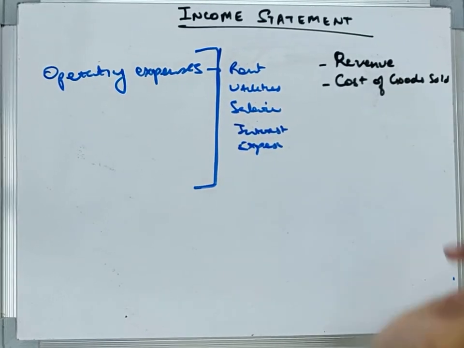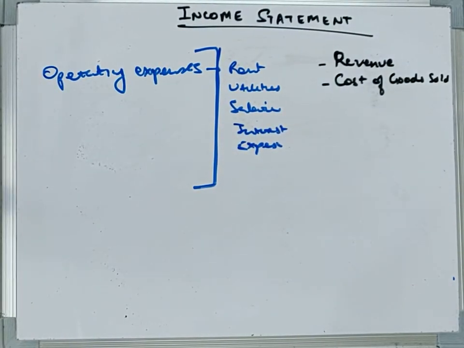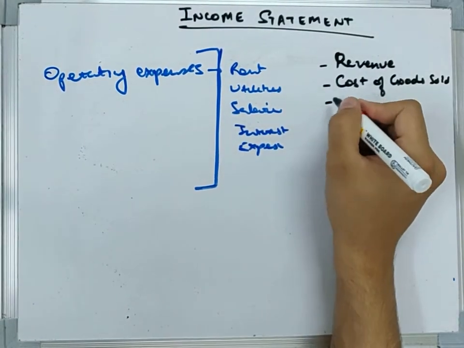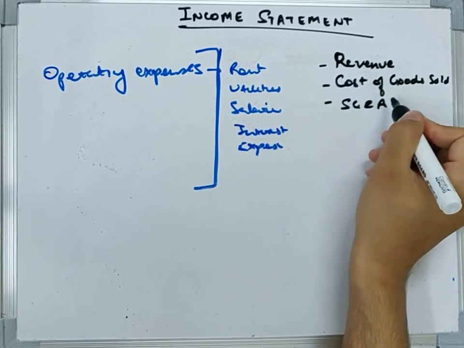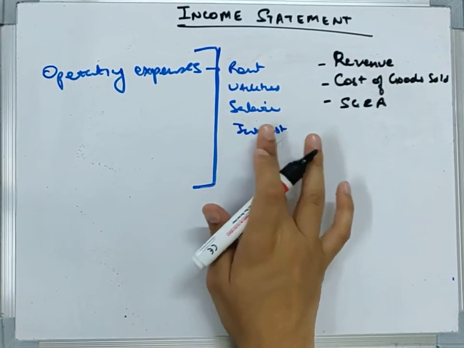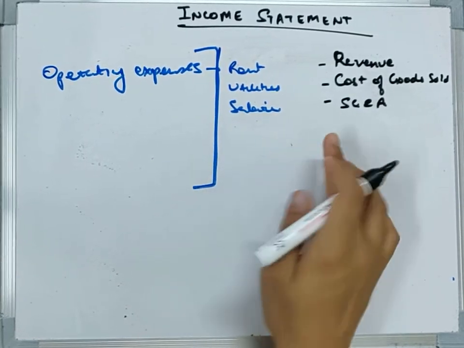Therefore the third line is your operating expenses, or we can put SG&A, selling general and administrative expense, and remove the interest expense part from here.